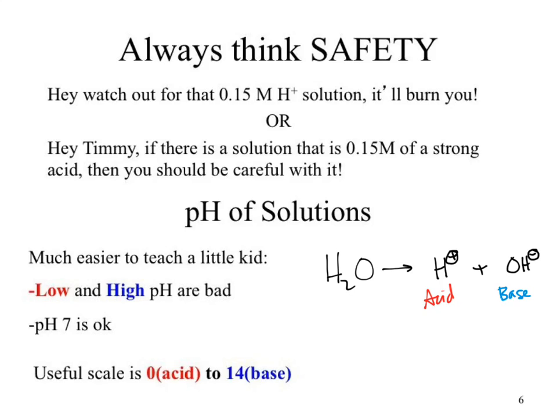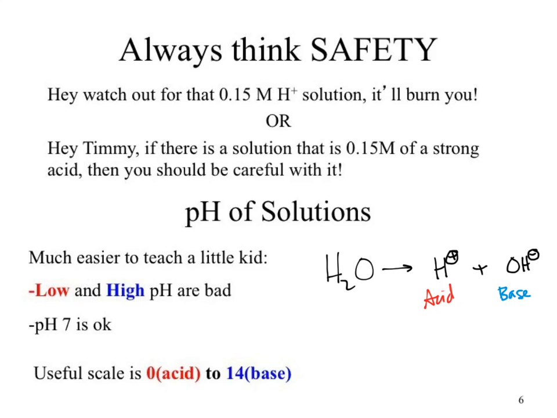So our pH scale, even though it measures only H+ concentration, allows us to look at both acid and base solutions. And we can now go to Timmy and say if that solution pH is really, really low, that's bad, don't touch it. If it's really, really high, that's bad, don't touch it. There's no more watch out if it's this substance or this substance. We don't have to educate on all of the possible acids and bases. We just have to say that range is bad.